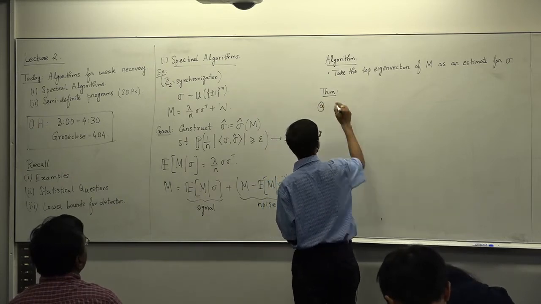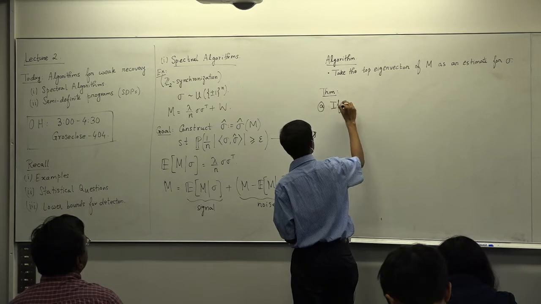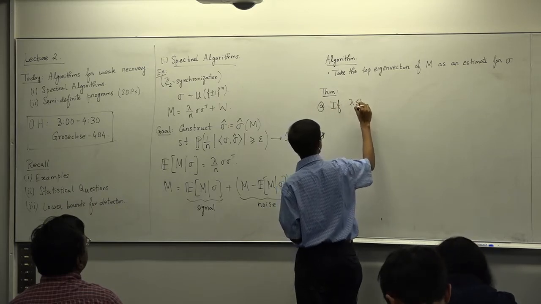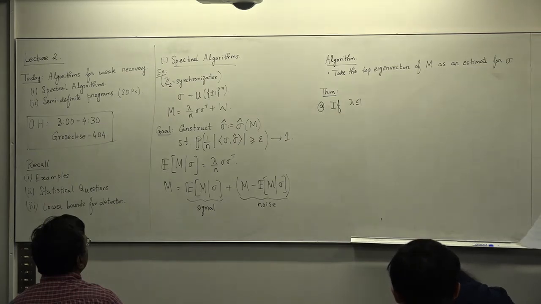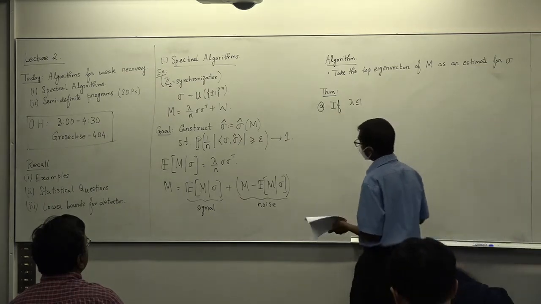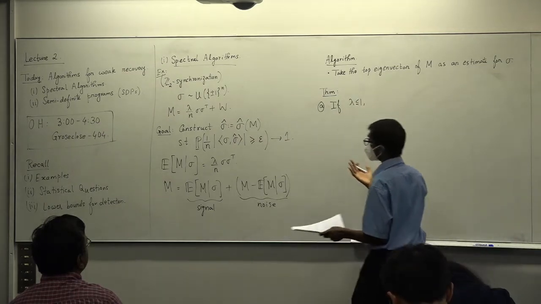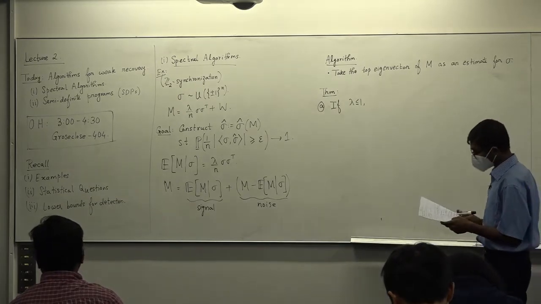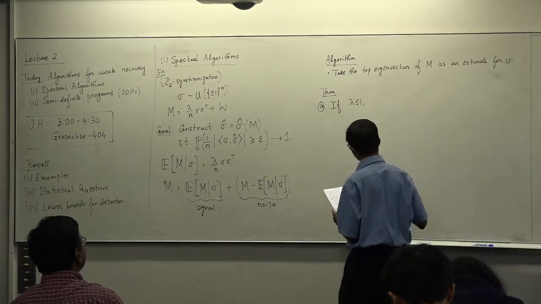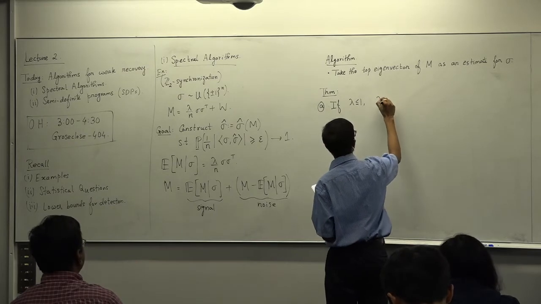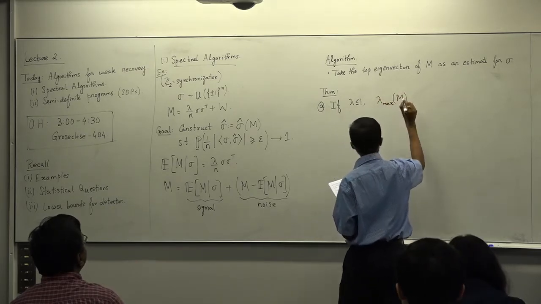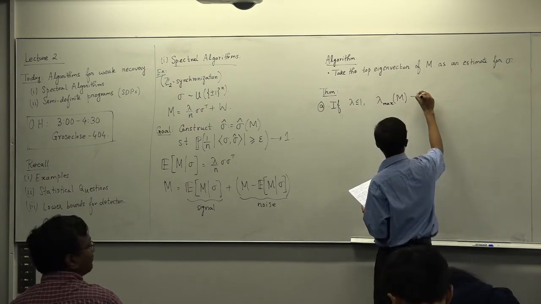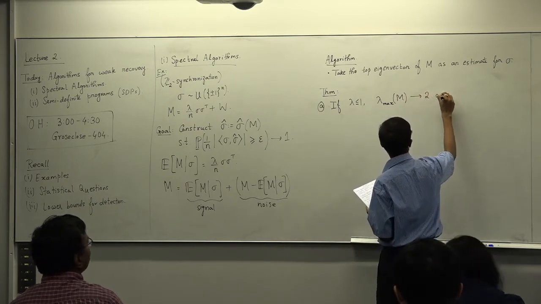First part is that if lambda is less than or equal to 1, so remember that lambda equals 1 is the information theoretic threshold for the problem, so nothing can work, and in particular you don't expect the spectral algorithm to give you anything meaningful here. In this entire regime, the largest eigenvalue of the matrix M converges to 2 almost surely.